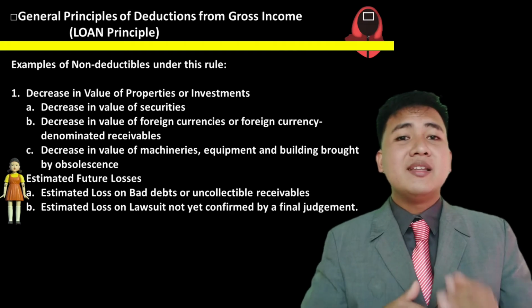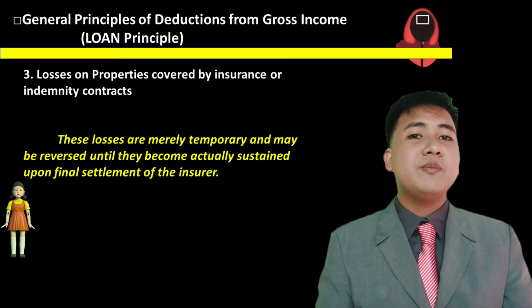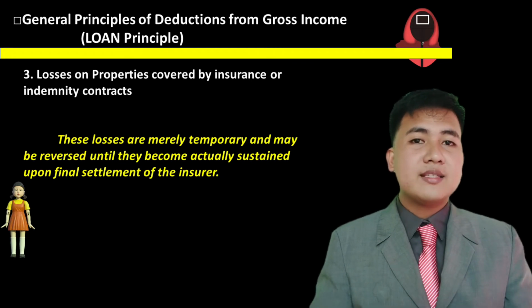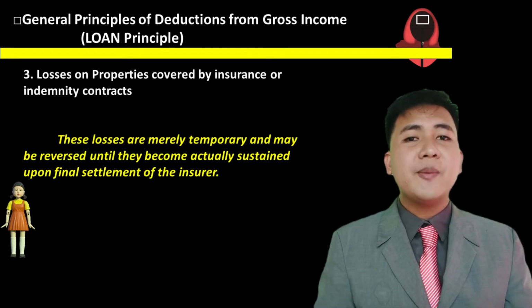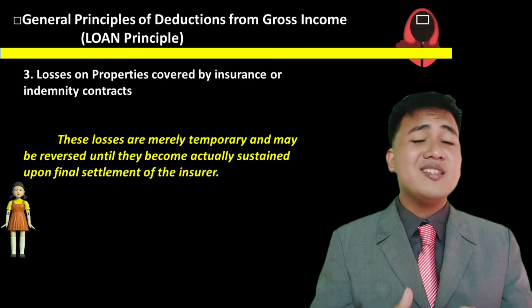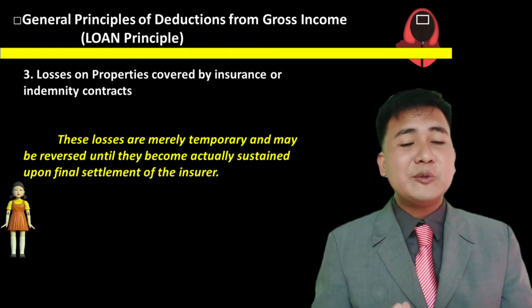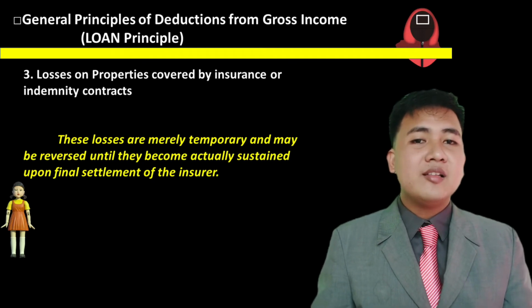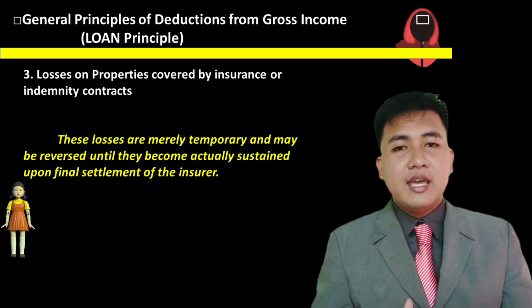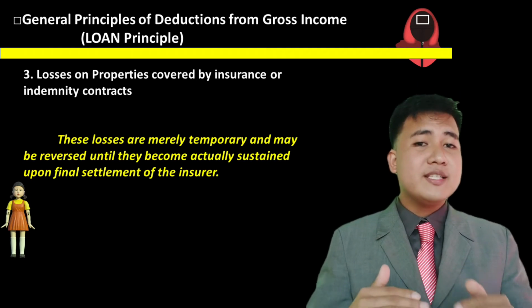And number 3, the losses on properties covered by insurance or indemnity contracts. This is an example where there is an expected or upcoming transaction after the loss on property happened. It says here that these losses are merely temporary and may be reversed until they become actually sustained upon final settlement by the insurer. This ends the first principle.